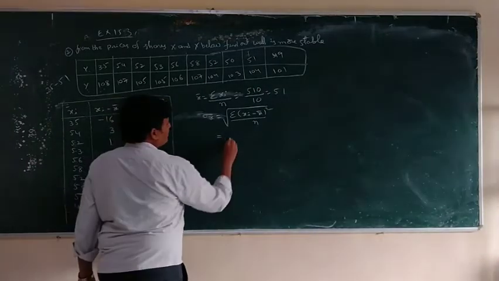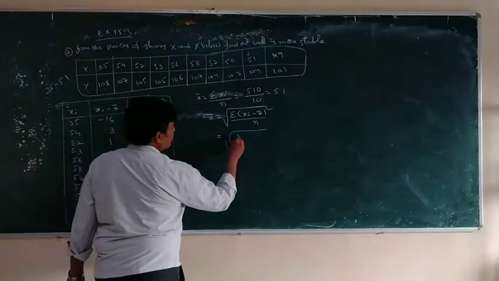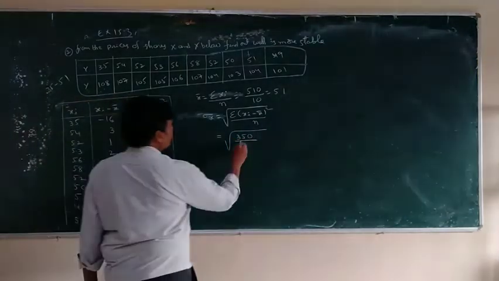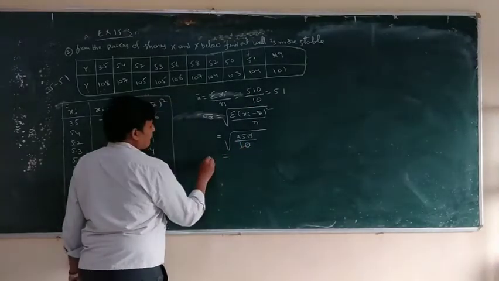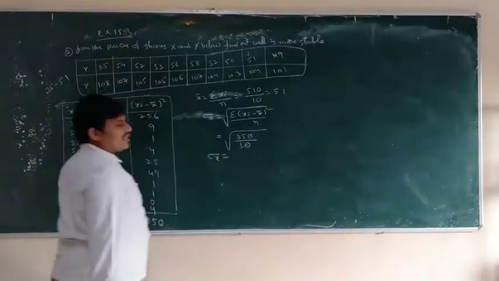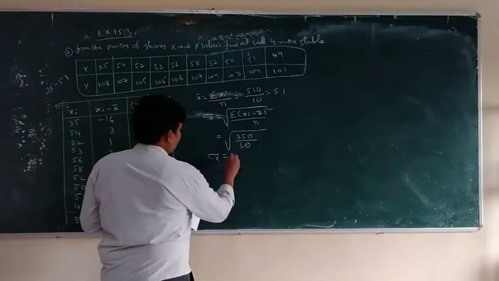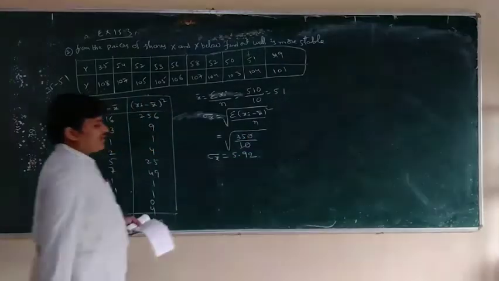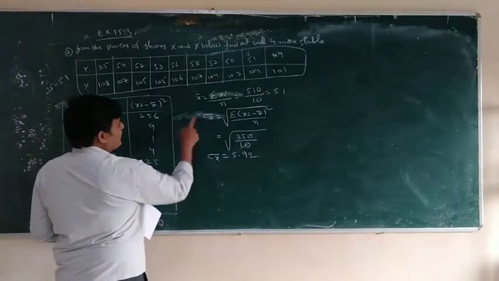That is root of 350 by small n, which is 10. Root 35 is nearly 5.92. So sigma x is 5.92. This is the standard deviation.